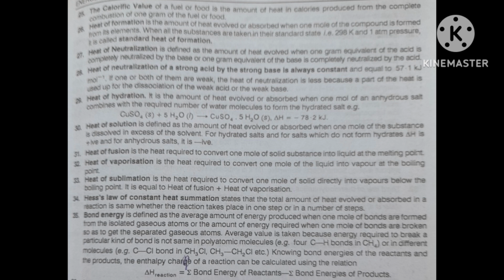Actually, you know that when vapor pressure of the liquid becomes equal to the atmospheric pressure, the temperature at which vapor pressure becomes equal to the atmospheric pressure, that temperature is called boiling point.